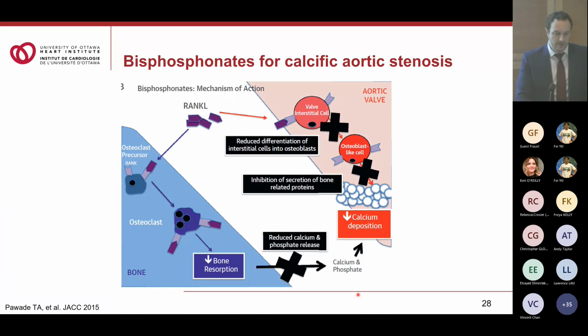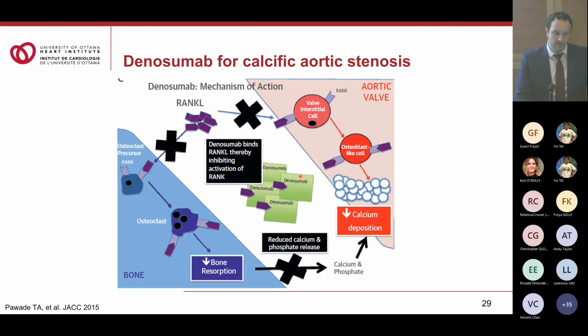Bisphosphonates have also been used, and bisphosphonates decrease bone resorption at the bone level, which will decrease the available calcium and phosphate potentially impacting the valve. So this was studied. Another agent is denosumab, which we know well for treating patients with osteoporosis, for example. Denosumab is a monoclonal antibody that binds RANK ligand, and that will play a role in the differentiation of osteoclasts at the bone level, and also potentially at the valve level, of valve interstitial cells into osteoblasts.